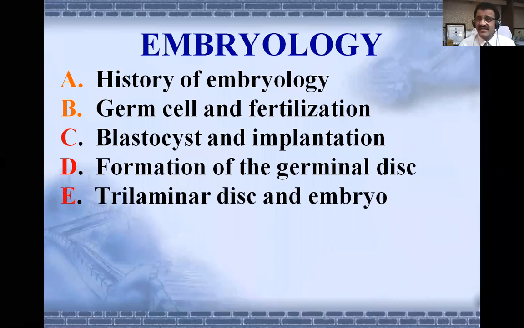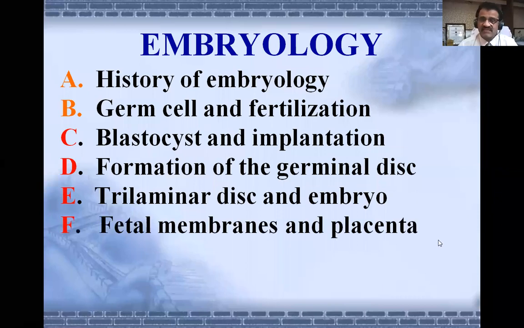Then we studied the trilaminar disc up to the formation of the 3 layers of the embryonic disc, as well as the development of the embryo as far as the pharyngeal apparatus is concerned, the pharyngeal arches and pharyngeal pouches, that we studied yesterday.